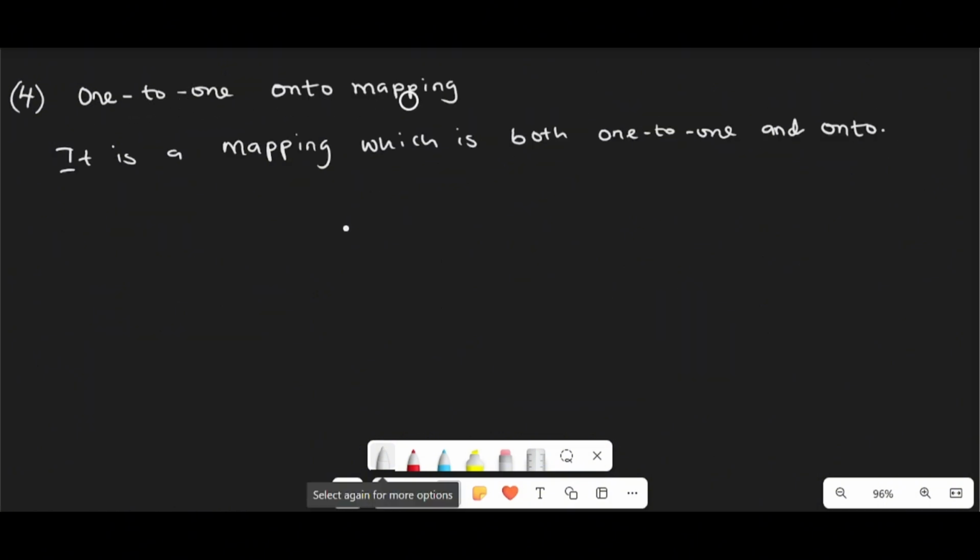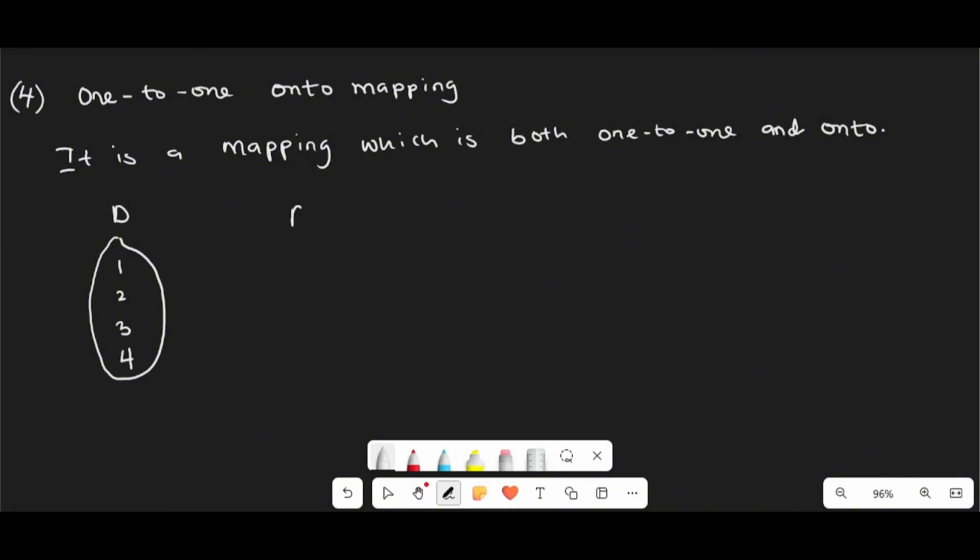One-to-one onto mapping. It is a mapping which is both one-to-one and onto. Let us consider this example. Our domain is 1, 2, 3, 4.